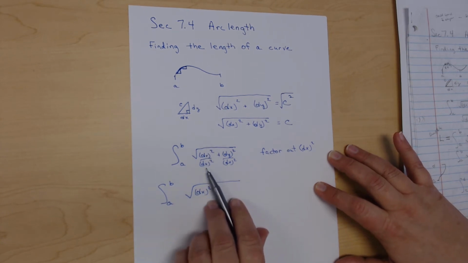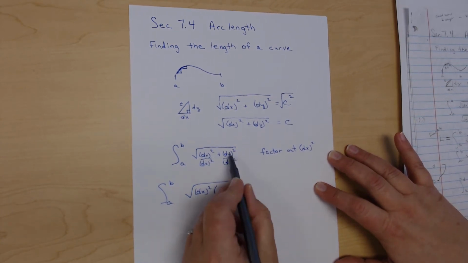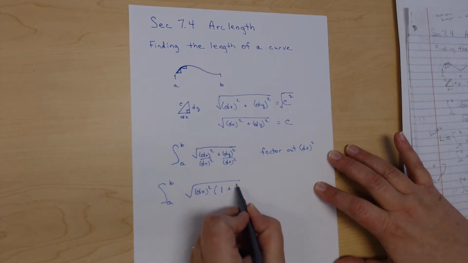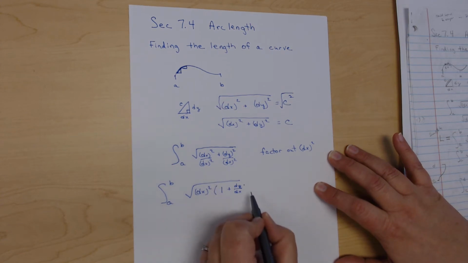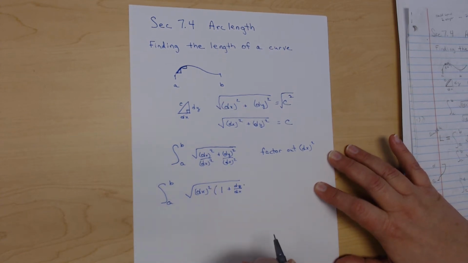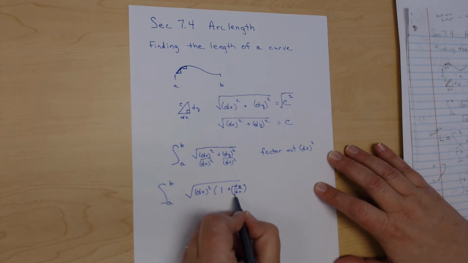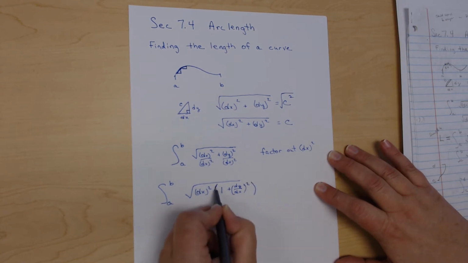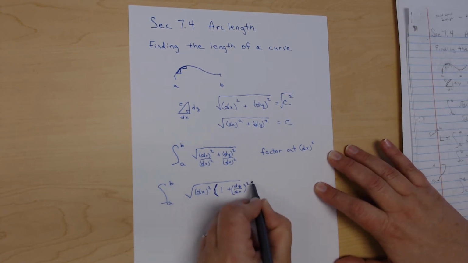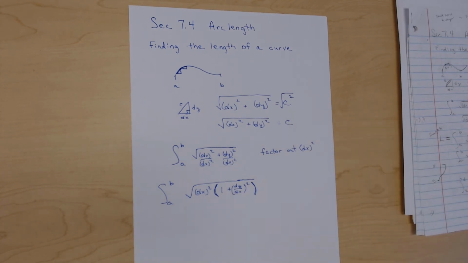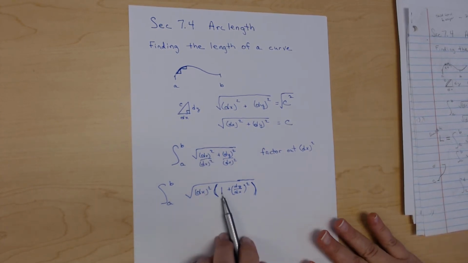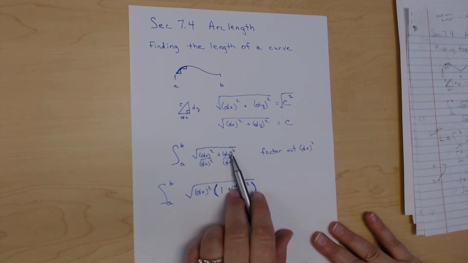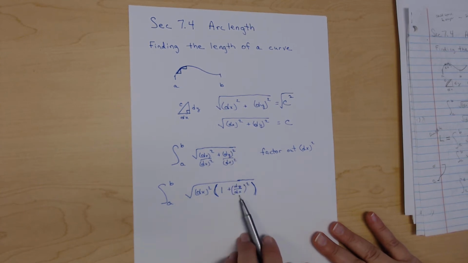This goes to 1, and this would be dy over dx, and then squared. That looks good, because dx squared divided by dx squared is going to take me to 1. And then this we're just going to write as dy over dx.